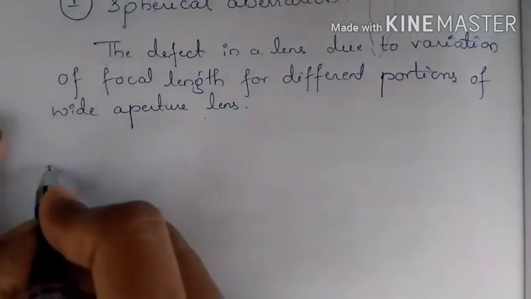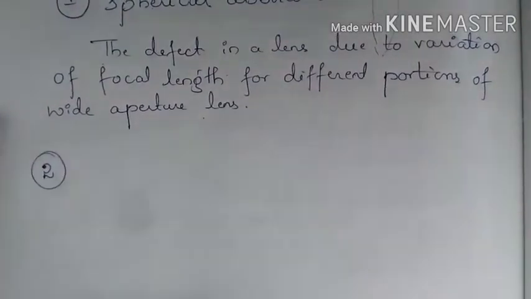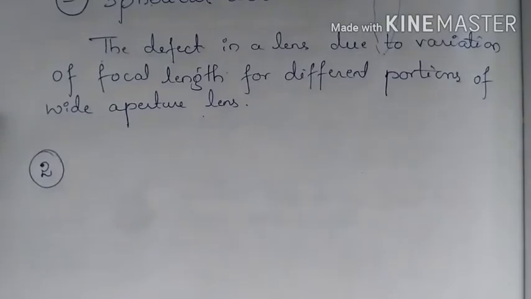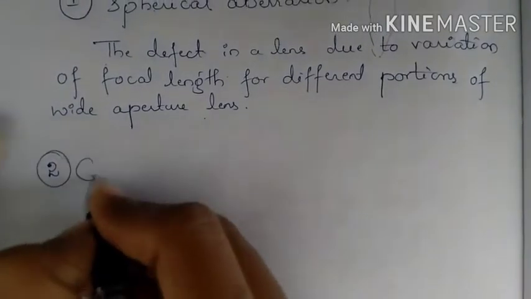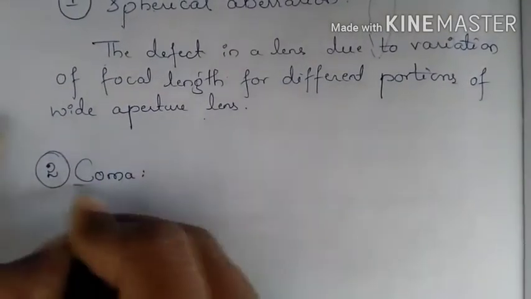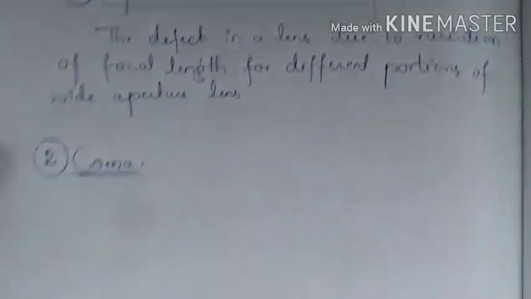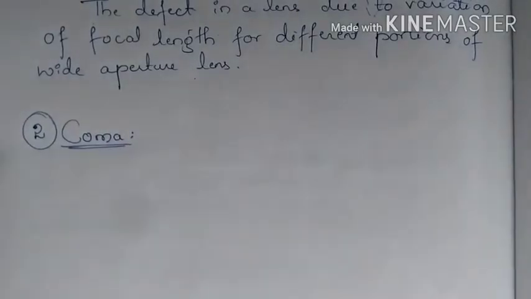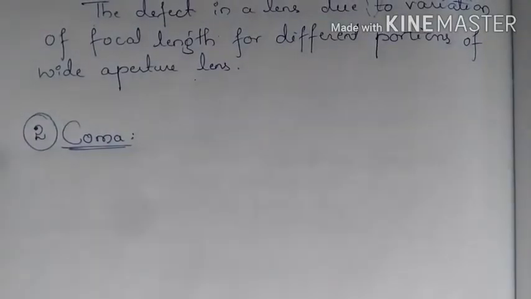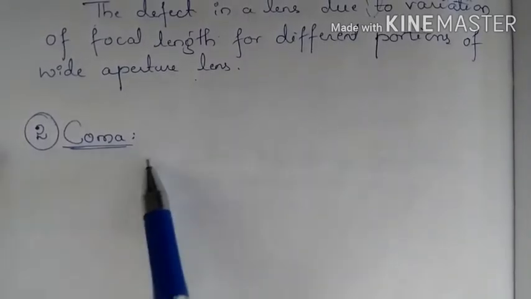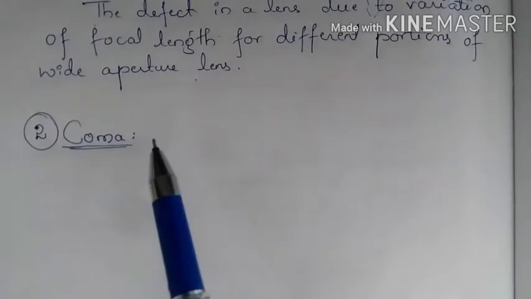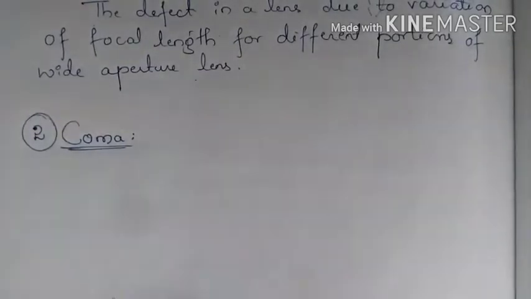So the next is coma. The second type in a monochromatic aberration is coma. The spherical aberration is the first and the second is coma. Coma is the effect of rays from an object point not situated on the axis of lens results in an aberration. So there are rays which are coming from the object point which are not situated on the axis of lens.